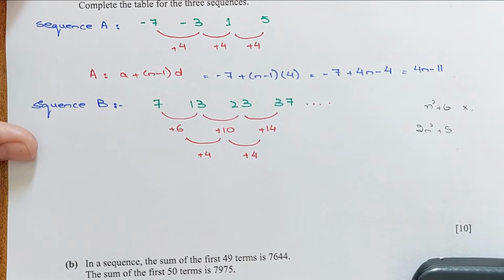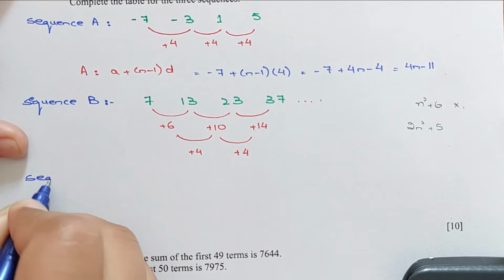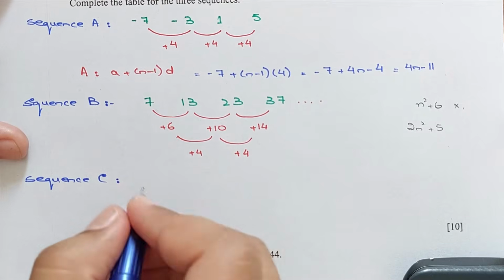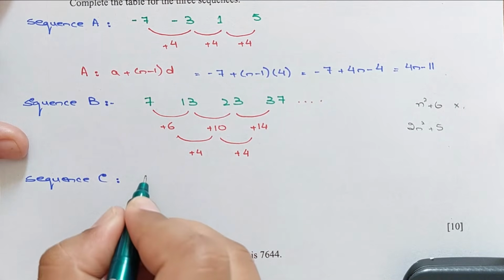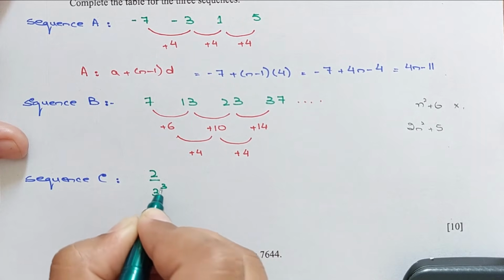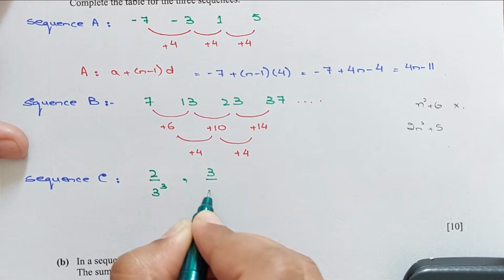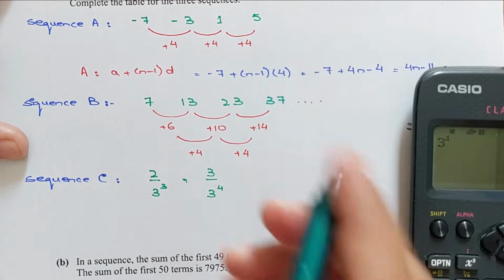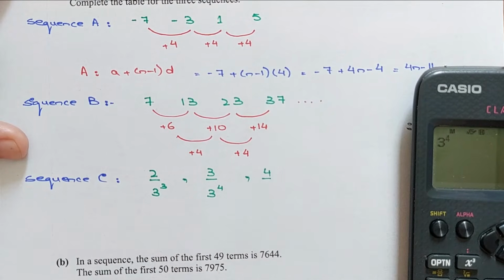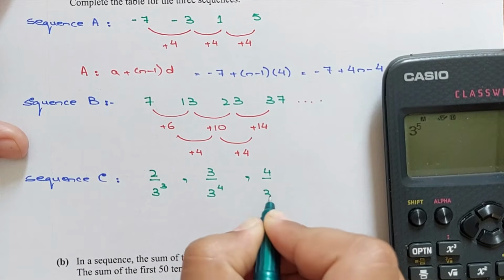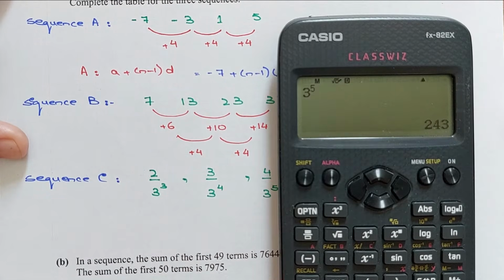Now moving to the sequence C. The terms, let me write this down, are 2 over 27, which is 3 cubed; 3 over 3 power 4, which is 81; next is 4 over 3 power 5, which is 243; 5 over 3 power 6, which is 729.